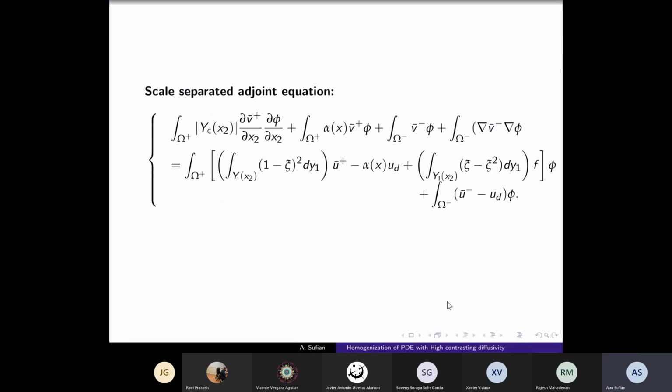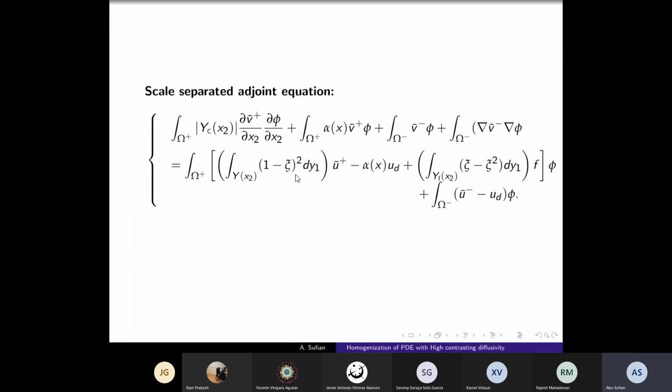But all the contribution from the insulating part is reflected in the adjoint state. So the scale separated adjoint state is given by, again, the left part has the same structure as the state equation, but the right hand side has several contributions coming from the insulating part and the cell problem.